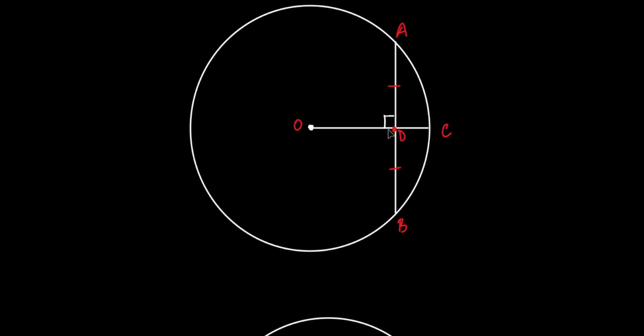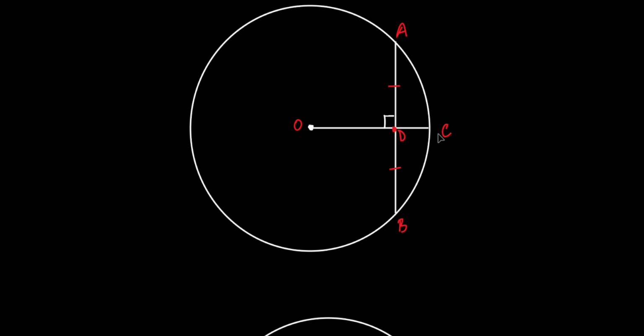So this one says, if it's perpendicular, then that radius bisects the chord. Got it? This one says, if the radius bisects the chord, then it's what? Perpendicular. Make sense? So it's kind of the same thing, except the if part and the then part are just switched.